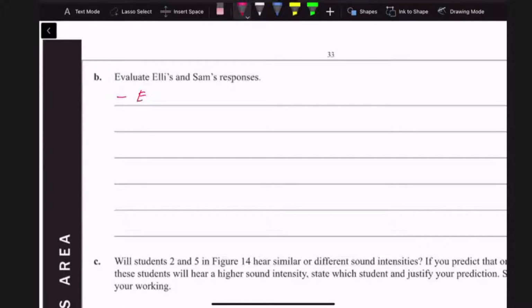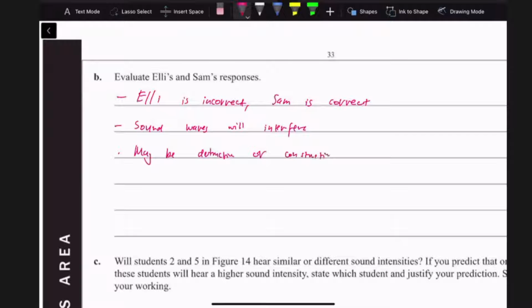So Eli, oh sorry, it's not Eli, it's Ellie, is incorrect. Sam is correct. Sound waves will interfere, so maybe destructive or constructive, depending on the position of the student.